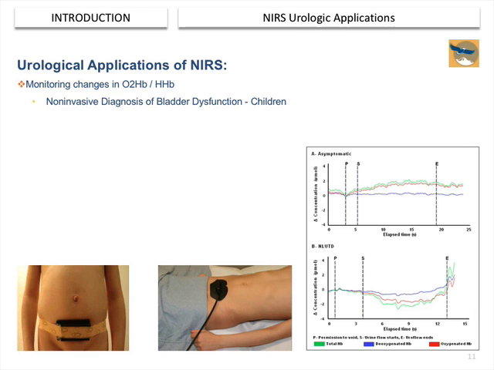As you can see, a normal bladder can increase its oxygenated hemoglobin during voiding to produce a very strong muscle contraction. But in different kinds of bladder dysfunction, we normally don't see this increase during voiding after permission to void.